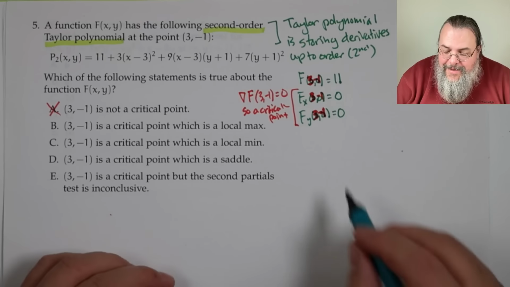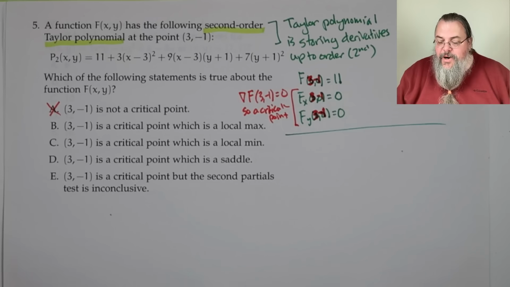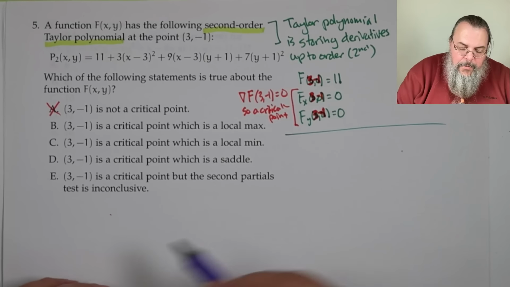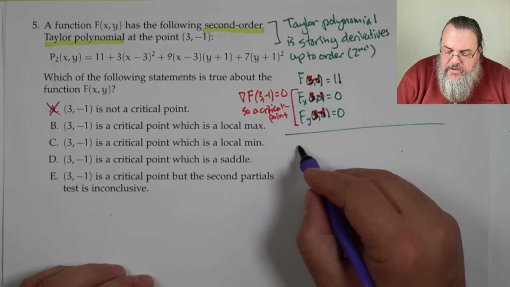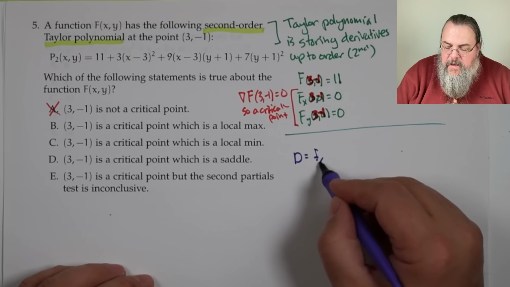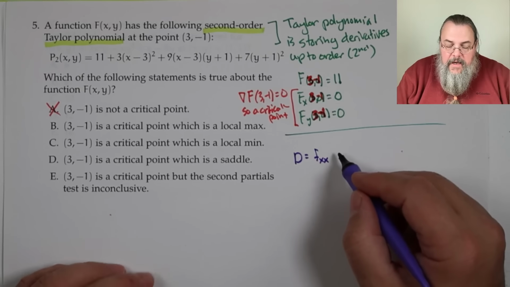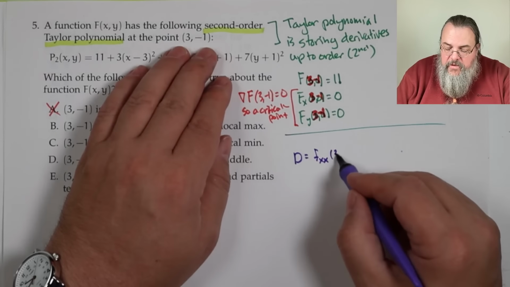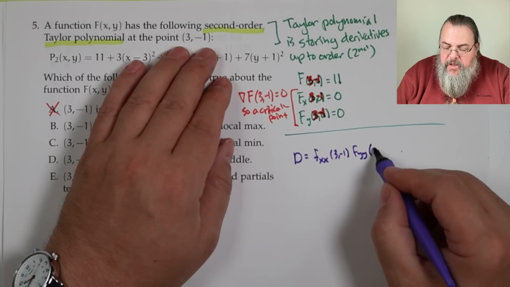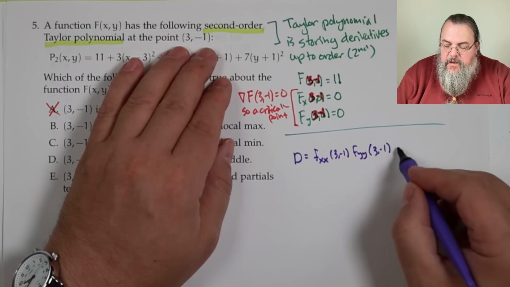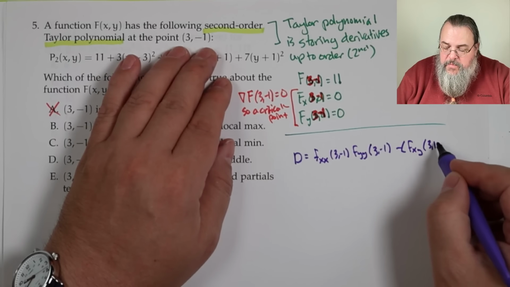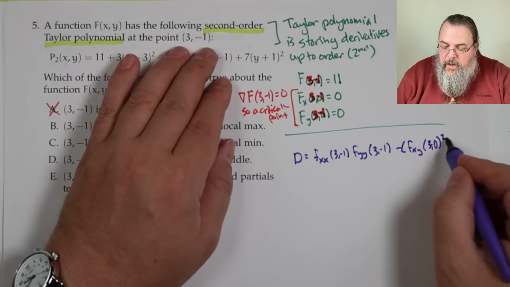For classification, there's the second partials test. I want to write it down for reference. You compute this quantity: fxx at your point P, so 3, negative 1, times fyy at the point P, 3, negative 1, minus fxy at the point P, 3, negative 1, squared.